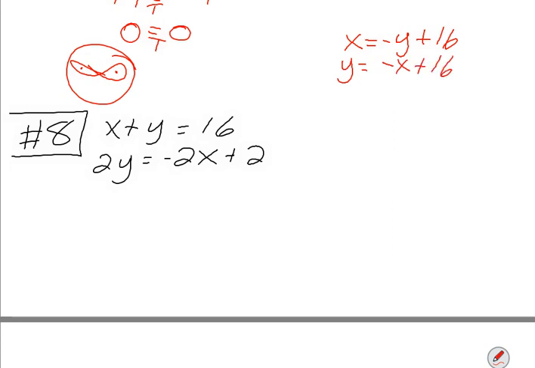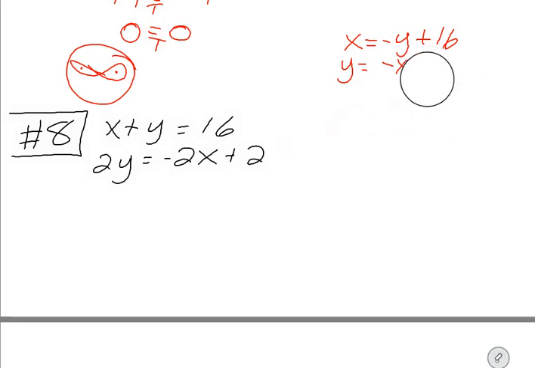Or the third equation, you could solve for y and get y equals a negative x plus 1. So you could use any of those 3 to get started off. Just remember that whichever one you rewrite, you substitute it into the other equation.